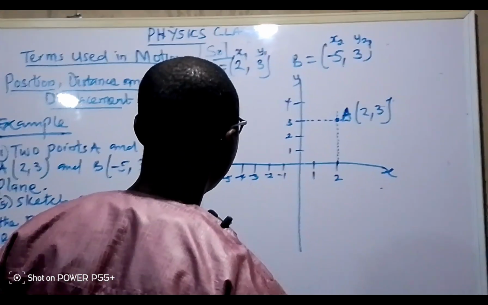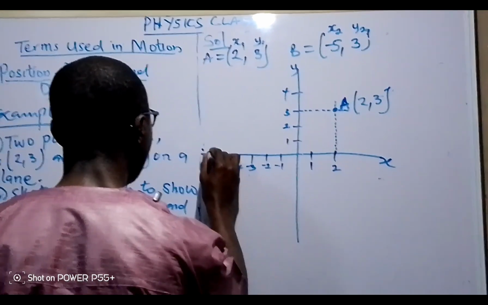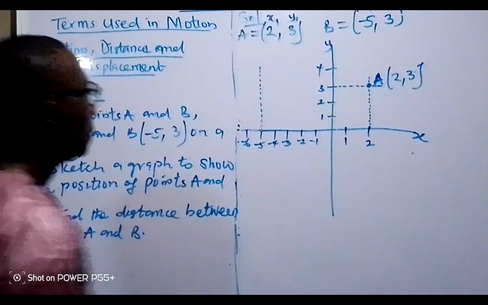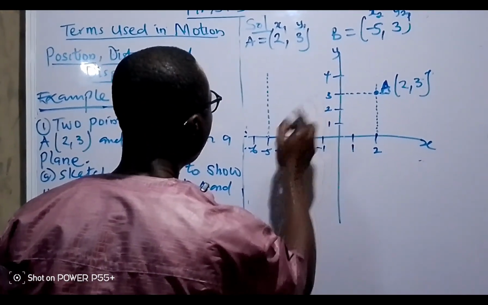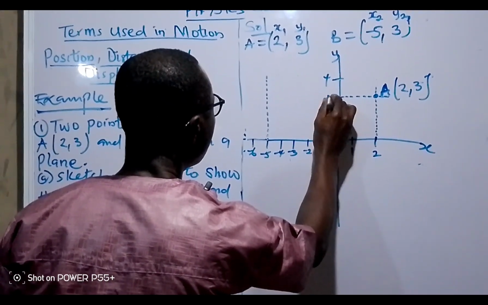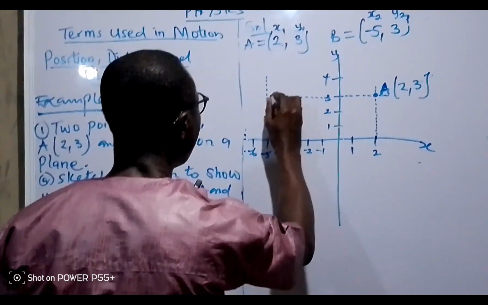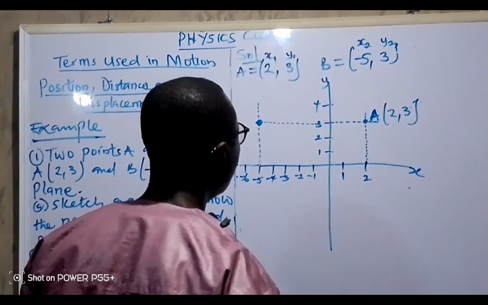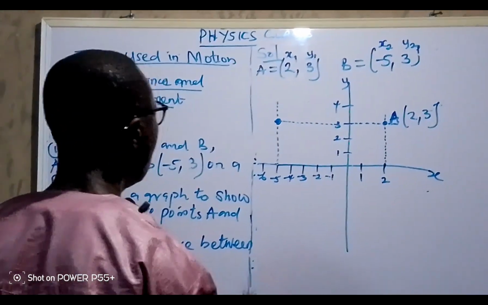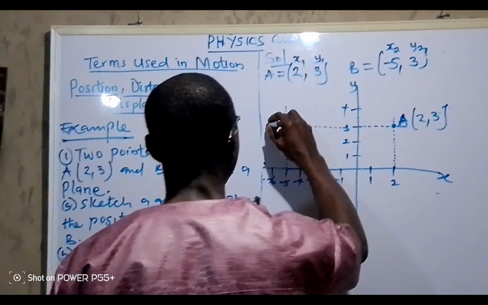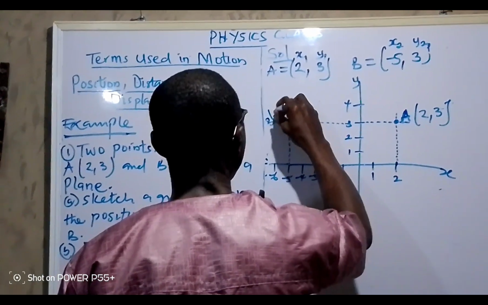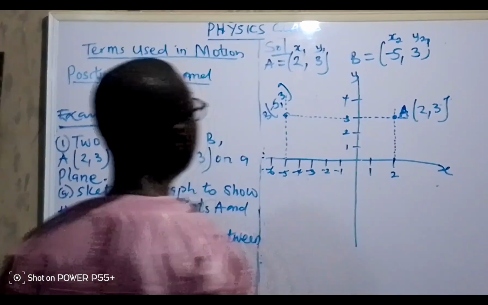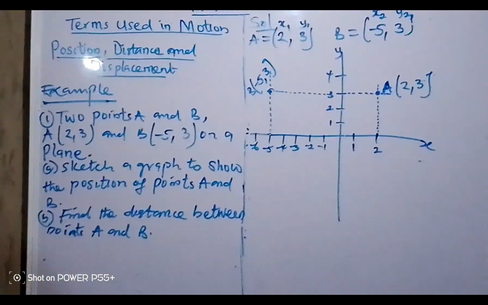So trace it up from -5, then trace it from 3 for y. This is the point of intersection between x and y. So here we are going to have our point B, which is minus 5 for x and 3 for y. Thus, we've located the 2 points now.